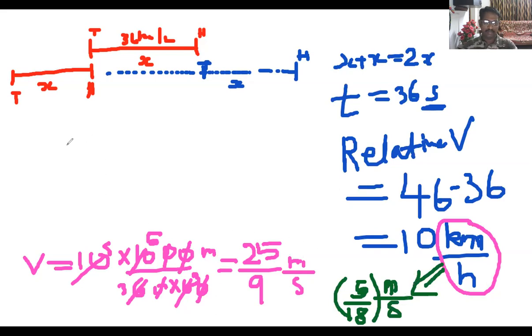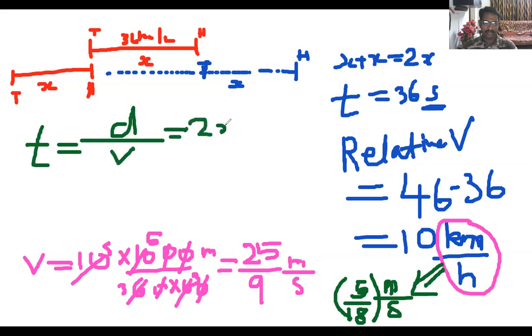Now time is given, and what is the formula? Time is distance upon velocity. The distance we know is 2x, the velocity is 25 by 9, and the time is 36.